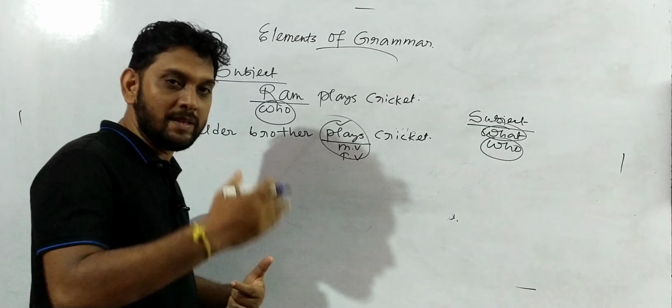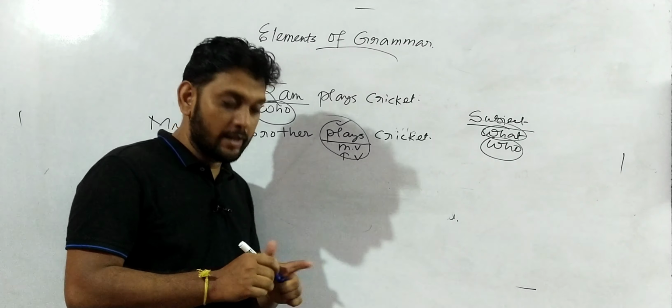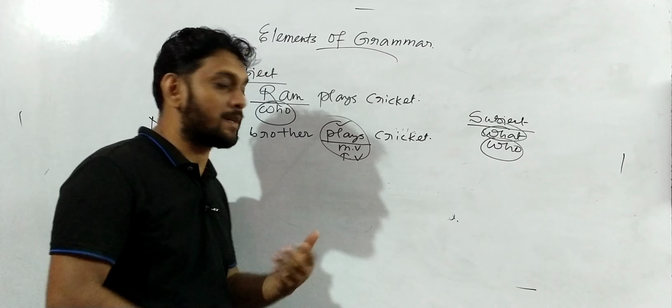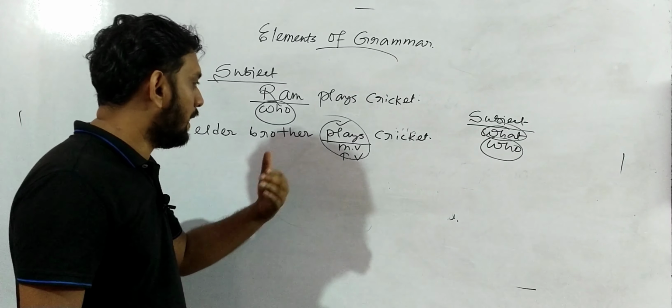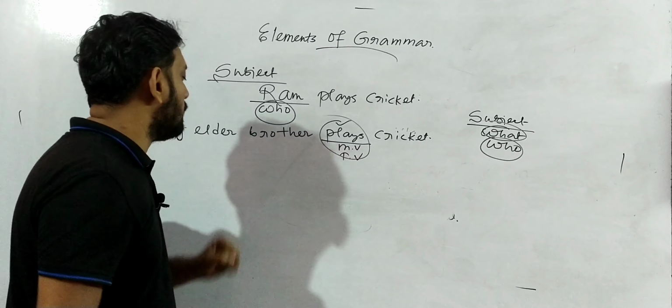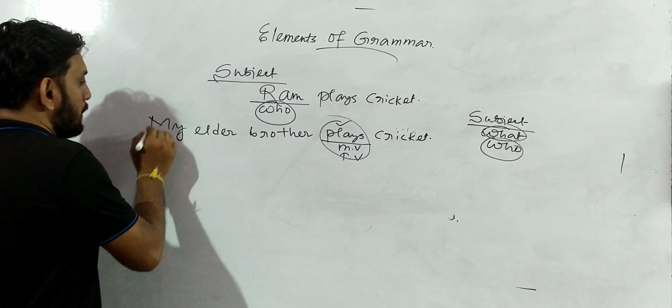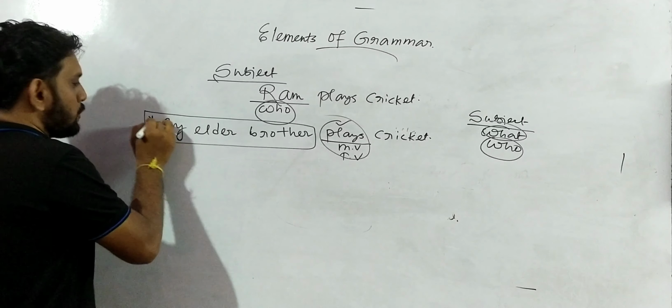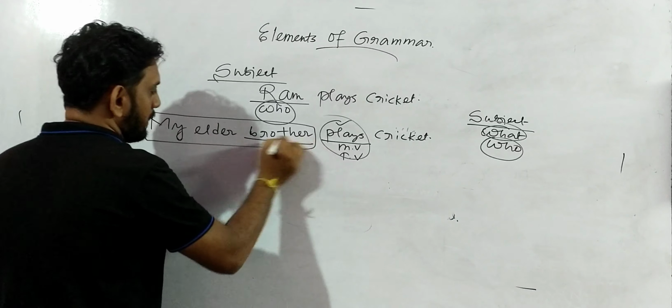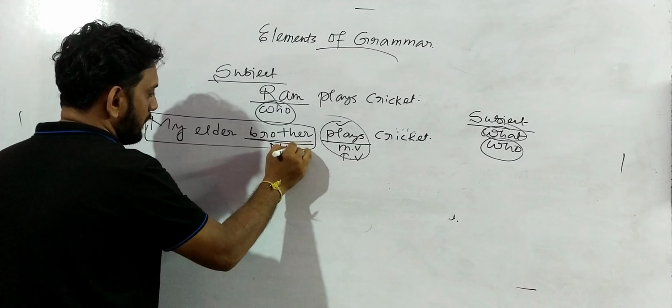Somebody is playing, that means somebody is doing some action. Yes or no? So here action is going on. Now how can you find the subject here? My elder brother. So you can say from my to brother. Brother is a noun over here.